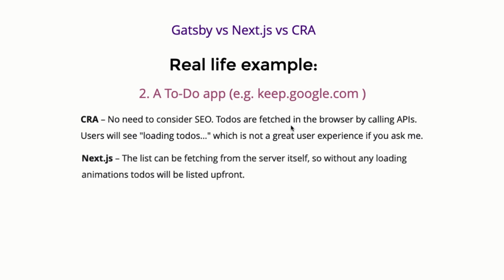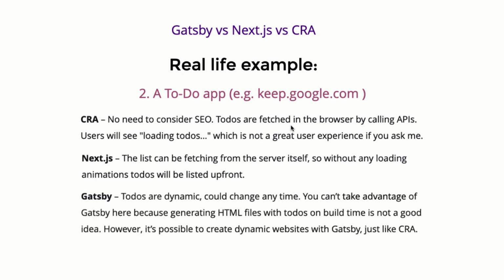Now for this application, with Next.js, you don't have to show users a loading animation or whatever, because the list of to-dos can be fetched from the server itself. So it's also really good. It's really great using Next.js. For Gatsby JS, to-dos are something that could change anytime, right?